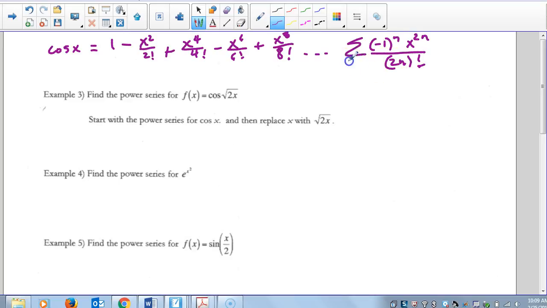Okay, so that is my general equation, and it's a Maclaurin series because it's all centered at 0.